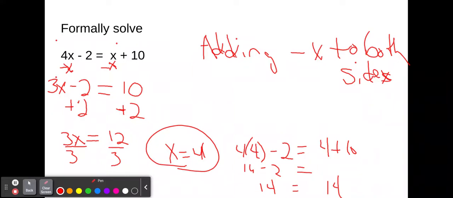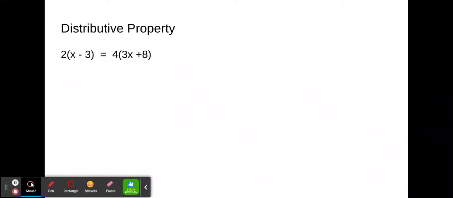All right, so let's move on and take a look at a second example here. So our second example involves using the distributive property. So when we have something that looks like the 2 and then in parentheses x minus 3, that means I'm going to take the 2 times everything in the parentheses.